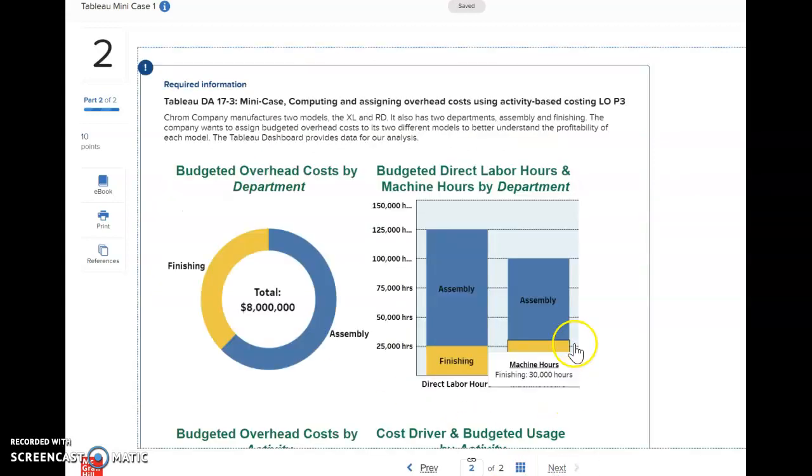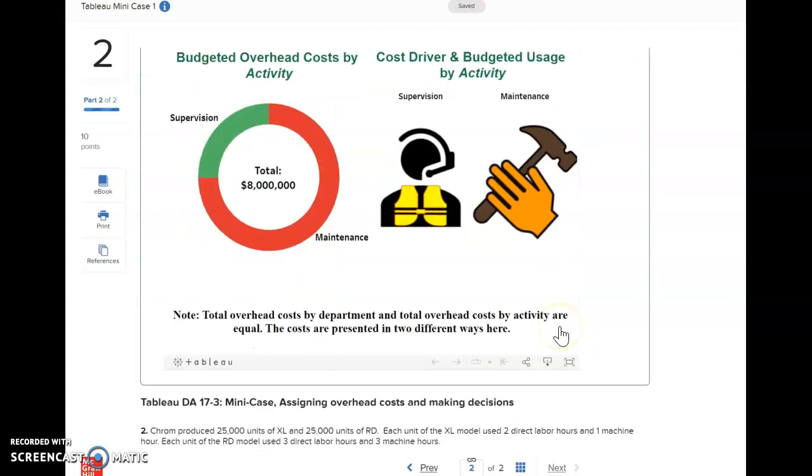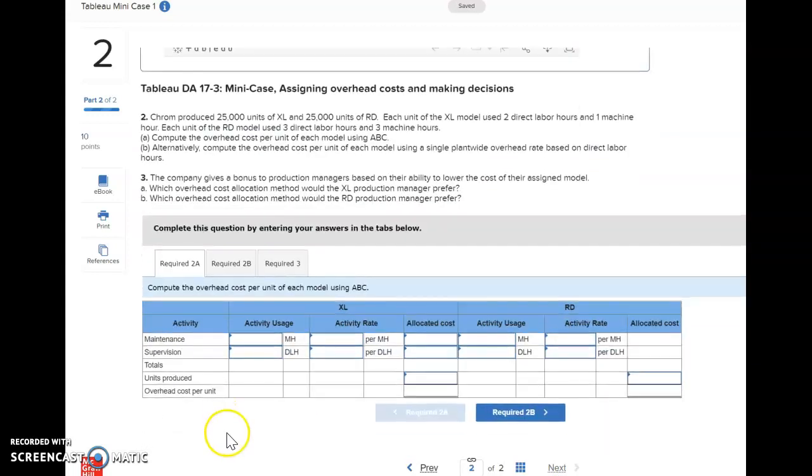And then part 2, in 2A, okay, we are going to use those activity rates to allocate costs to 2 products. So we have XL and RD. Okay.